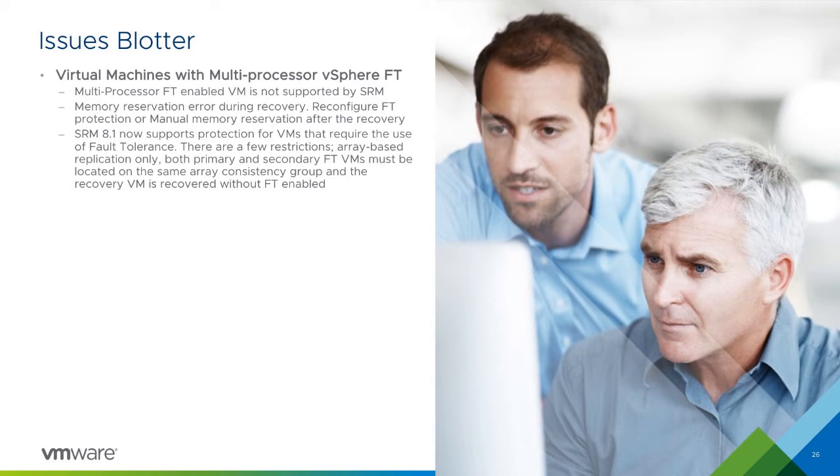With SRM 8.1, FT protected VMs are fully supported. A slight limitation on array-based replication is that your primary and secondary FT VMs need to be part of the same consistency group. Also, after the recovery, FT will not be enabled on the VMs. You have to re-enable FT.